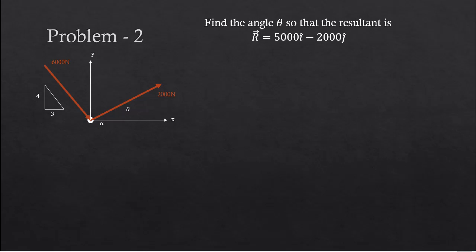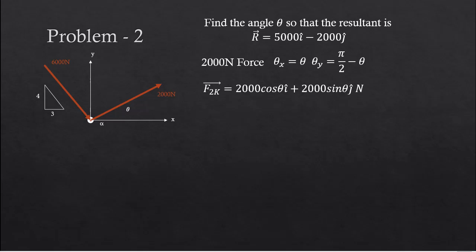Find the angle theta so that the resultant is this. So we know this force and its direction cosines from this triangle. We know this force, but we do not know the direction cosines for the 2000 Newton force. However, we can still write the 2000 Newton force in vector form.